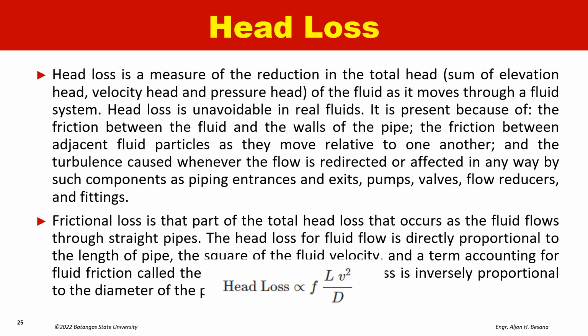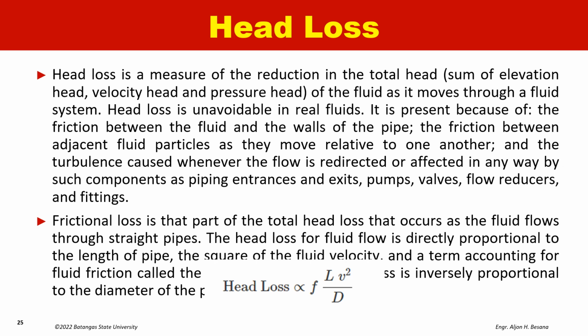Head loss is a measure of reduction in the total head, the sum of elevation head, velocity head, and the pressure head of the fluid as it moves through a fluid system. Head loss is unavoidable in real fluids. It is present because of the friction between fluid and the walls, just like what we have discussed earlier. Friction loss is the part of the total head loss that occurs as the fluid flows through straight pipe.